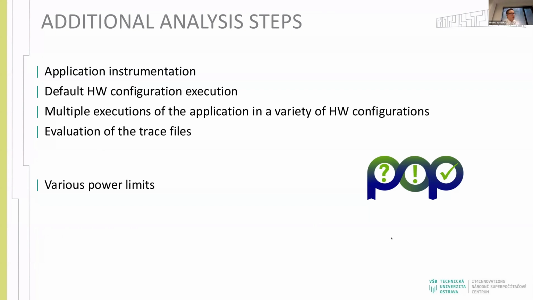So I'm running out of time, but I have very few slides at the end. If we are able to do some tuning on the machine, which is available for example in Deucalion in Portugal, then we proceed with the application instrumentation, comparing the default application runtime with the runtime when the hardware configuration changes.